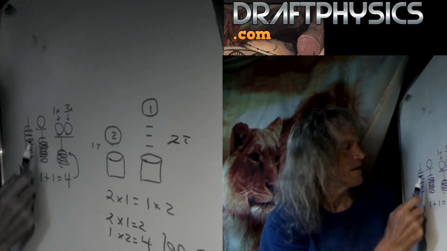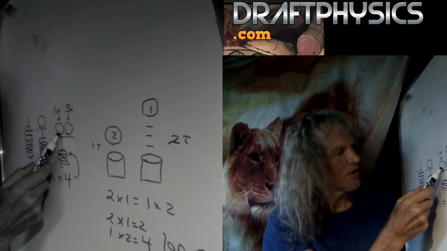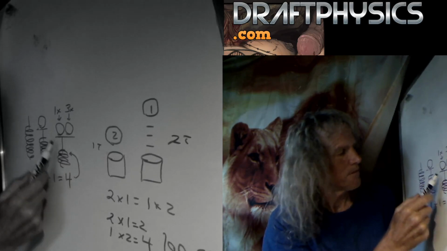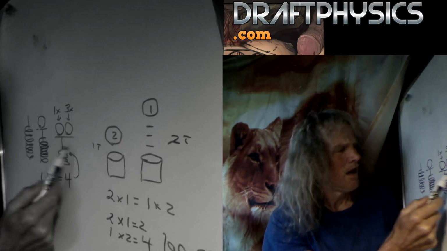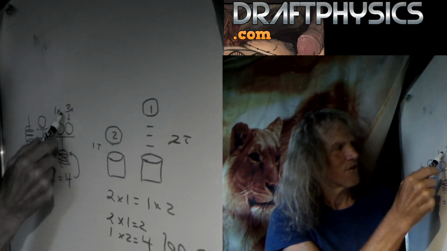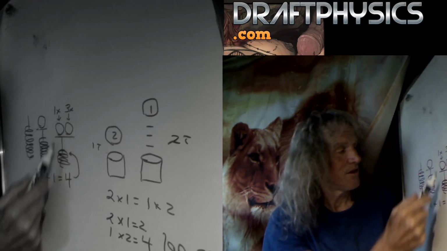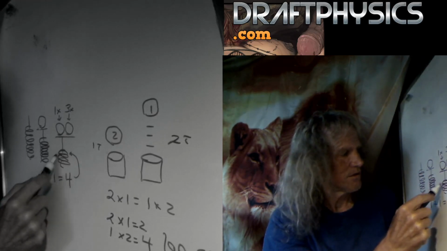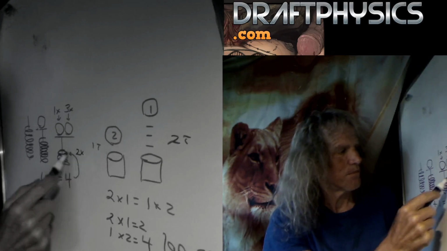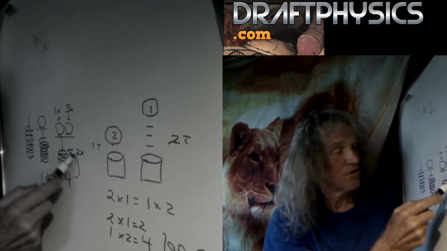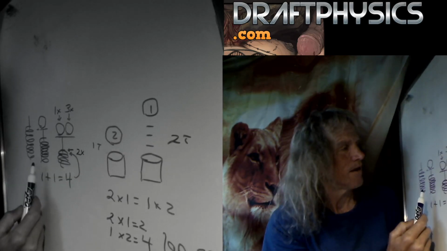So his theory is that I use the same work to put both objects on. So I put 1 object on, I get this much compression. I put the second object on, I get 3x the energy, but there's only twice the compression. It's only 2x, okay, the compression of the spring. So 2x equals 4x somehow.